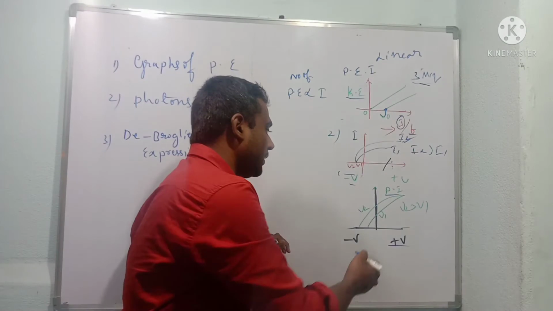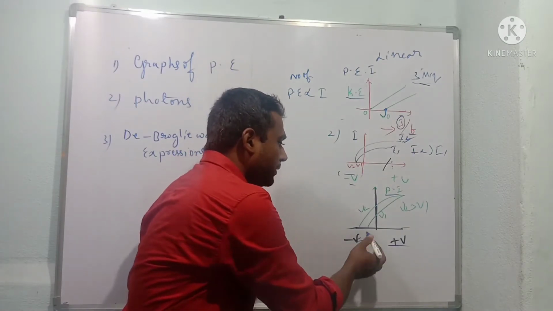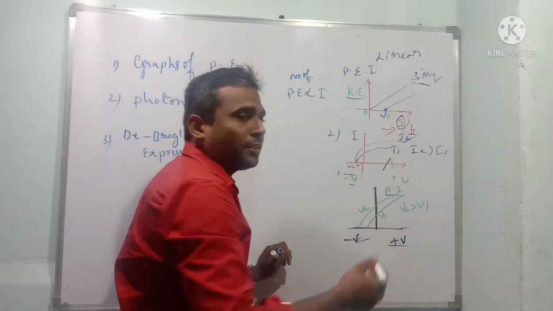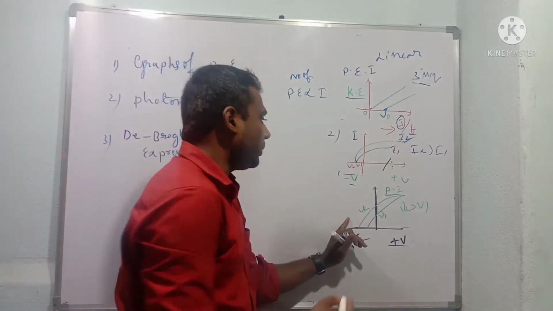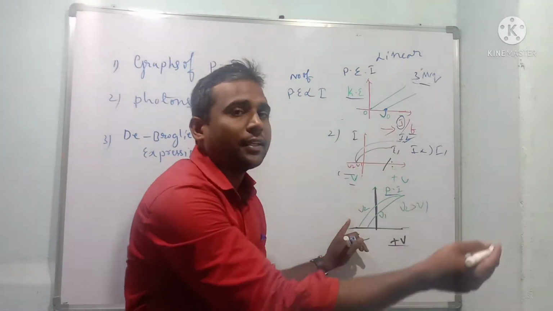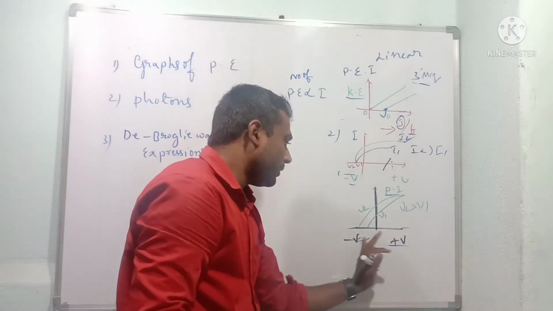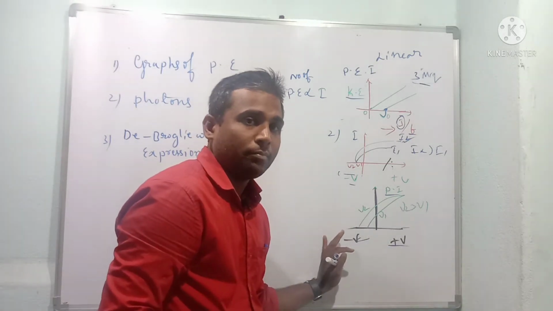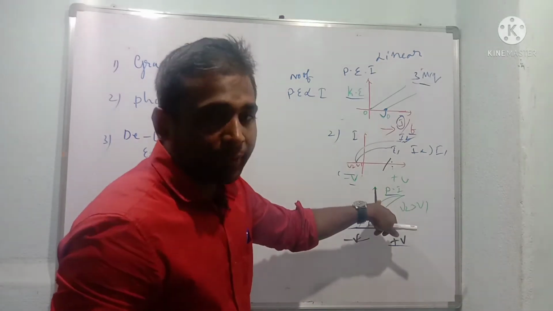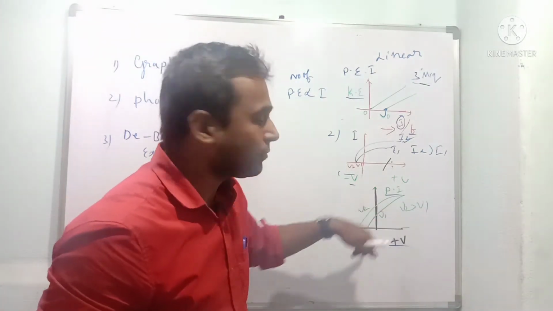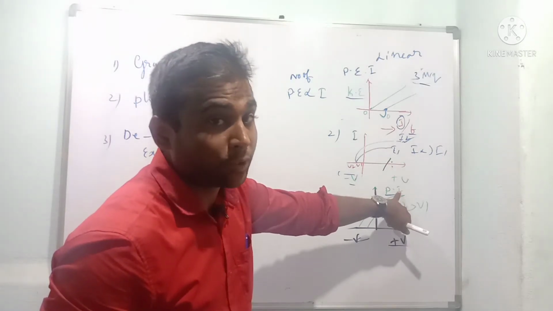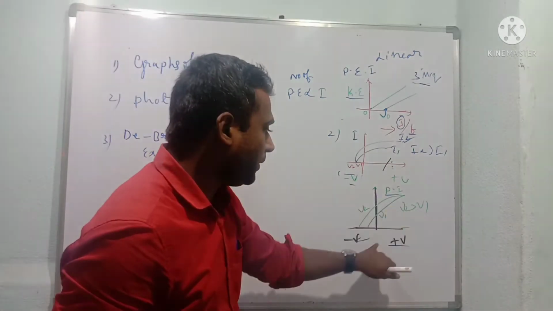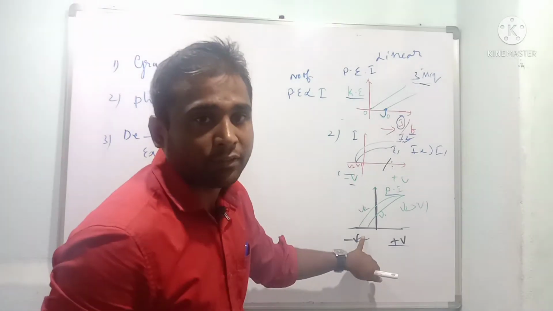Now what is my point here? As the stopping potential increases, the frequency will also increase. If a metal surface has more frequency, then the stopping potential will be maximum, the negative stopping potential. If the frequency is less, then the stopping potential will be less.